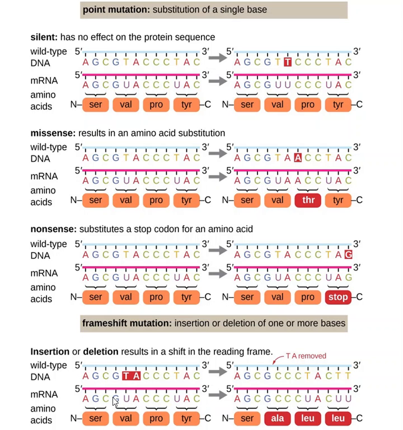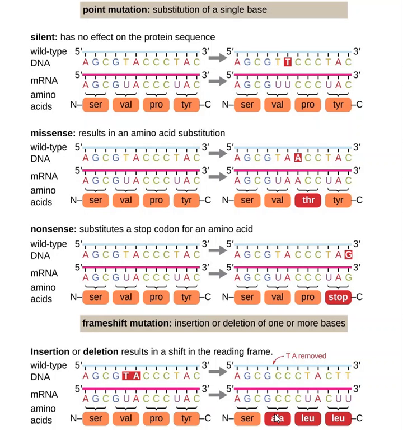But now we would have CUA on the original. There would be GCC on the new, and this represents a different amino acid. So you can see whether it's an insertion or a deletion that most typically is going to shift the reading frame and result in a completely different makeup of amino acids past the point of the insertion or the deletion.